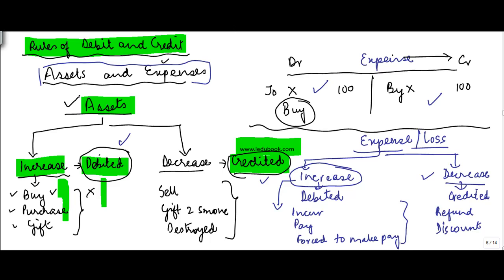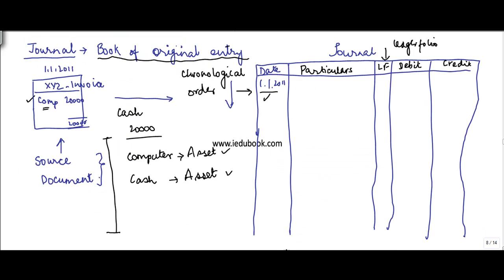The rule for the asset account was that any increase in the asset is debited and any decrease in the asset account is credited. So let's go to our account. Computer is an asset. Let's say this is the books of ABC.